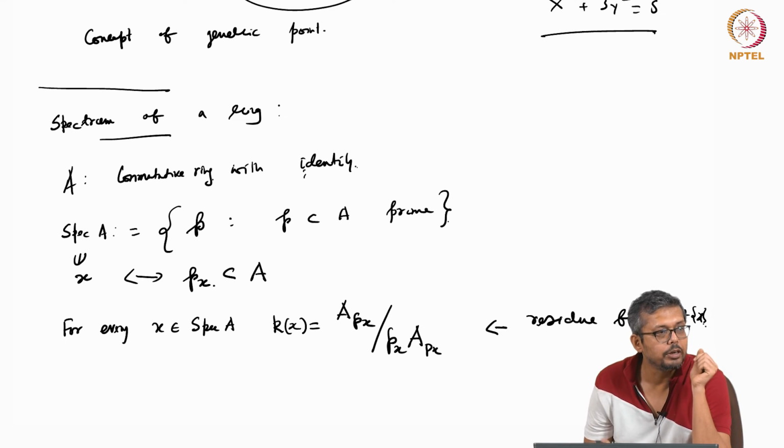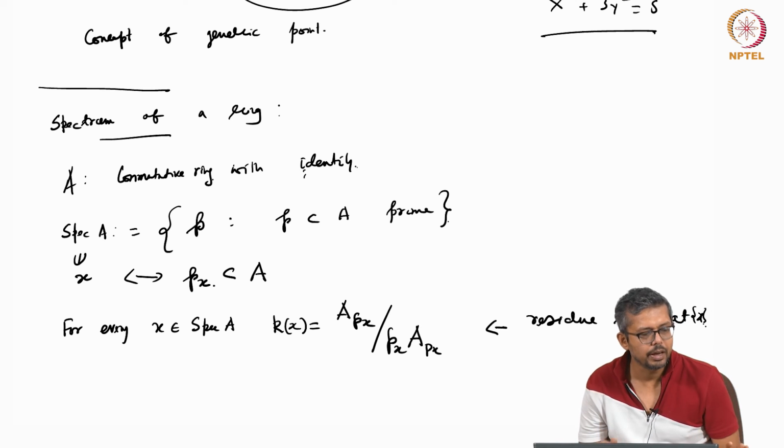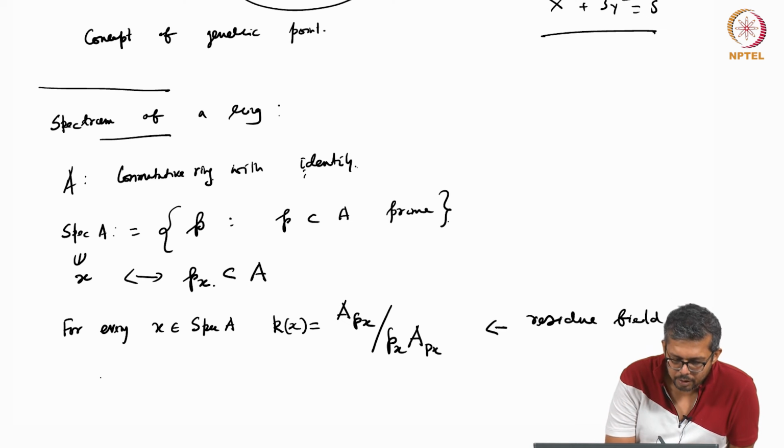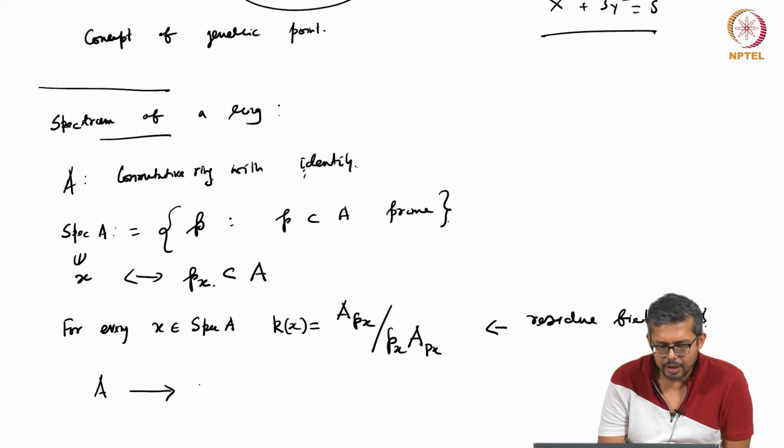x may be any point, need not be a closed point. It may be a non-closed point. For every point in Spec A, you can define such a field. Now you can define a map from A to k(x) for every x.